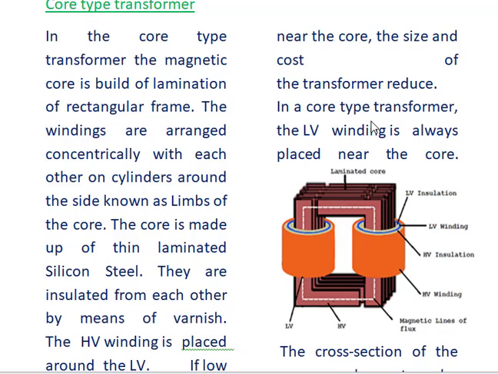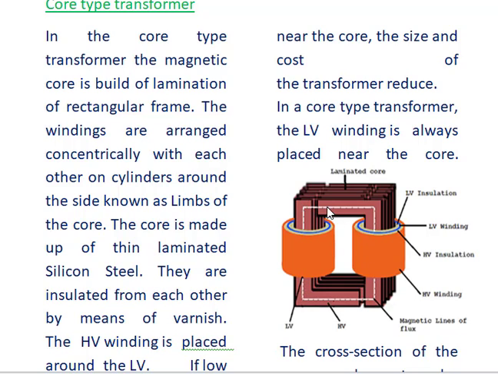In the core type transformer, the cores are built with lamination of a rectangular frame using L-type frames or I-type frames. The core is made up of L-type strips.